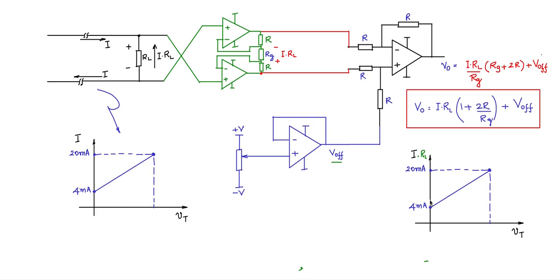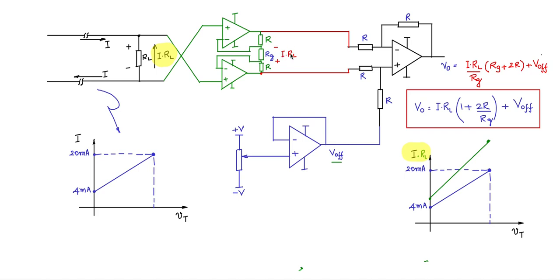So 4 milliamps into RL will be here. 20 milliamps into RL will be a slightly higher jump. So the relationship between VT and IRL is this green line. Okay.